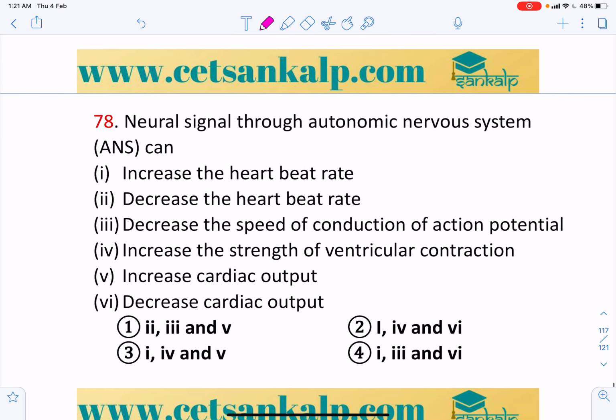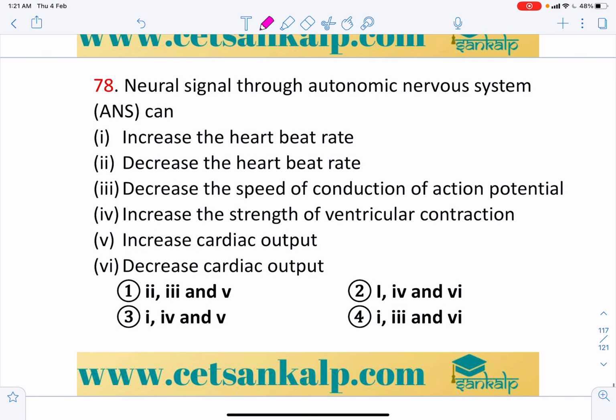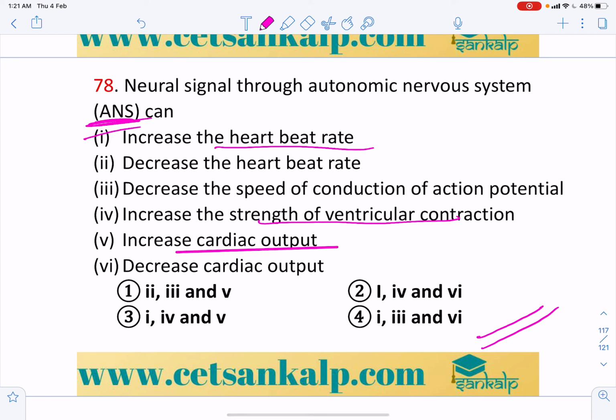With this we can conclude, and this will be your homework question. I already mentioned the role of ANS, the autonomic nervous system: it increases the heartbeat by increasing the strength of ventricular contraction, and increases the cardiac output. So 1, 4, 5 are correct, right?